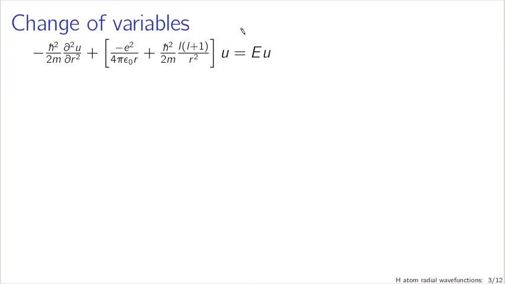For instance, we're going to do this by dividing through by the energy, dividing through by E, and we're going to make our usual definition of a constant k. k squared is minus 2mE over h bar squared. The minus sign here refers to the fact that for bound states in this potential, which looks like a potential well, we're going to have bound state energies that are negative. So if energy is negative, k squared is a positive number. There's no real problem with this.